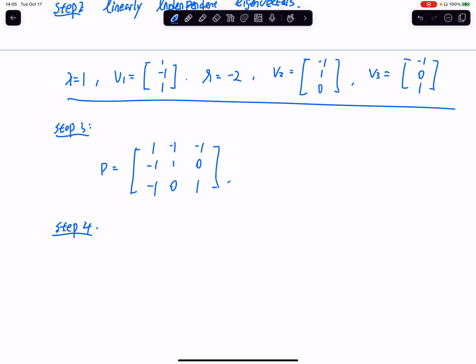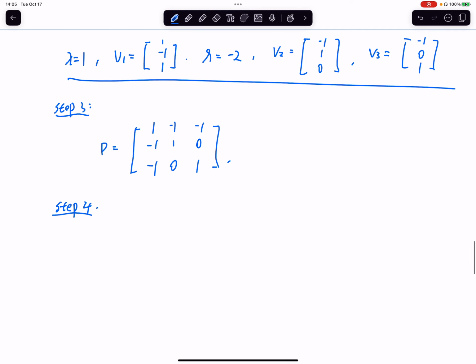So that really means we have our D, since it is a diagonal matrix. For the first eigenvalue, lambda equals 1, it has only multiplicity of 1, so we write it once.